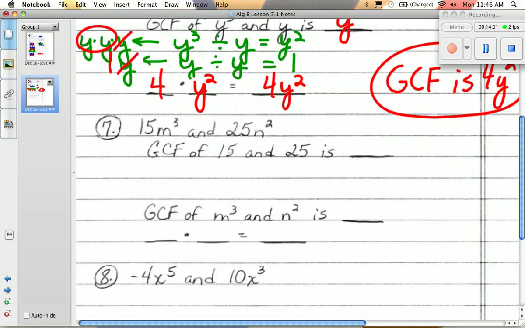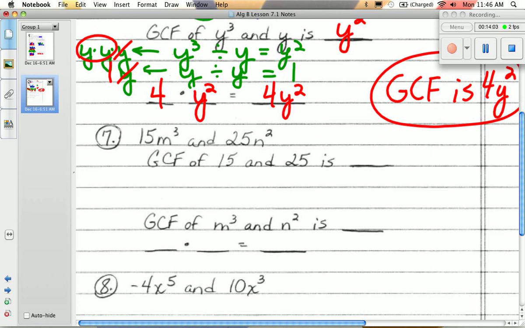Okay. Why don't you try that next one on your own? 15m to the third power and 25n squared. Remember, just do the number parts first. GCF the 15 and the 25.